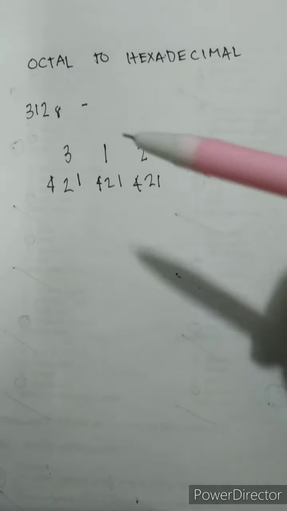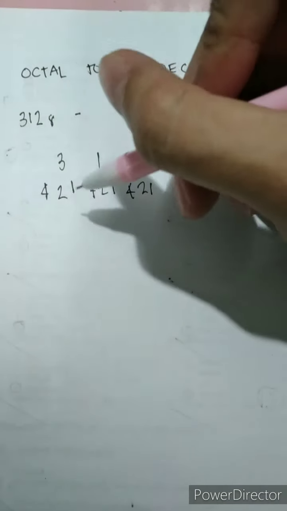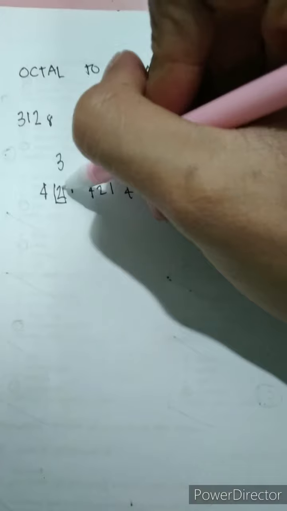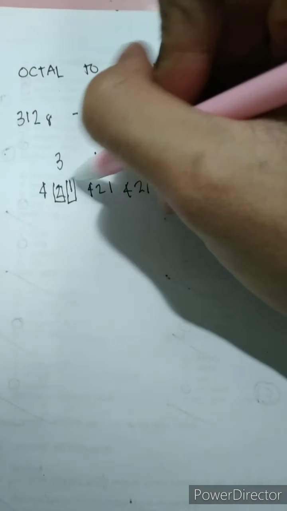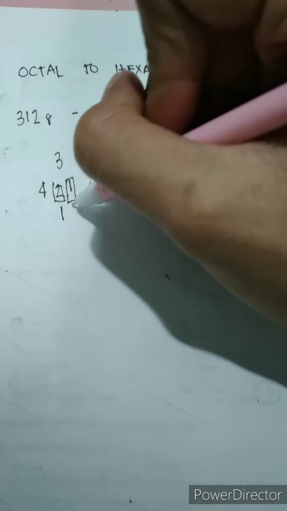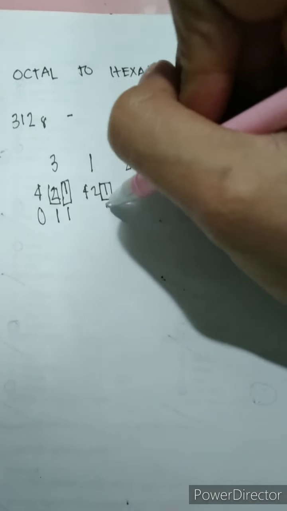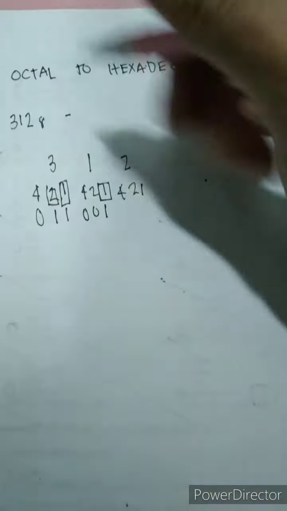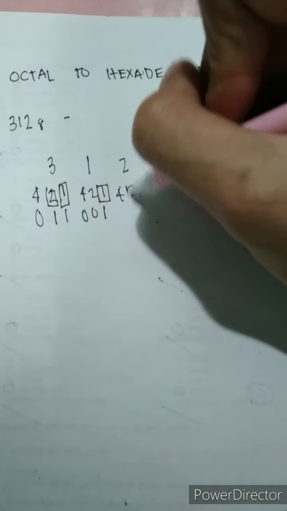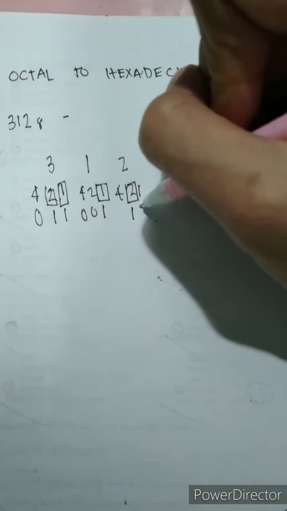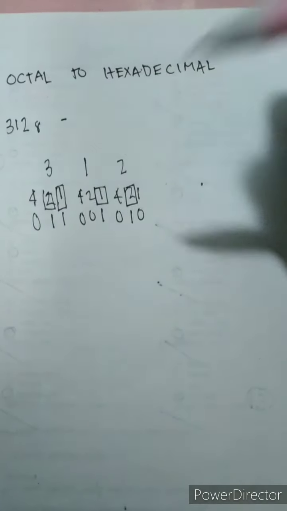And after that, let's get the sum value. So that would be 3, 2 and 1. Put 1 and 0, then 1 here, 1 0 0, then 2 1 0 0.